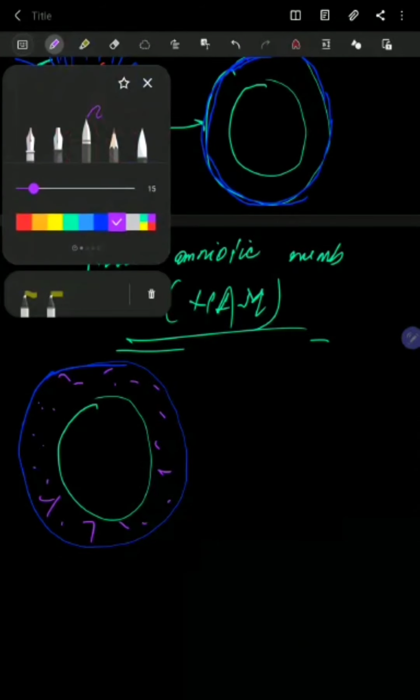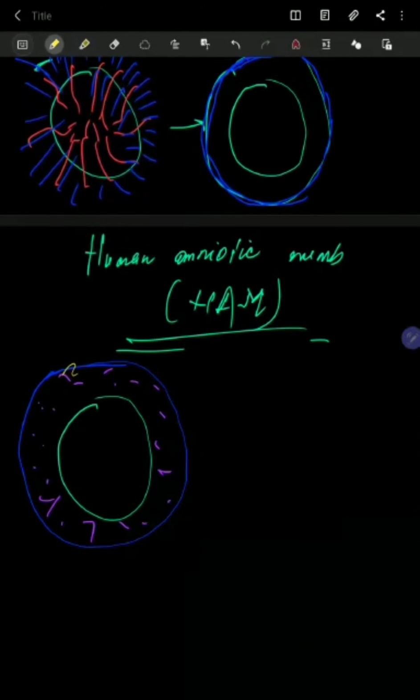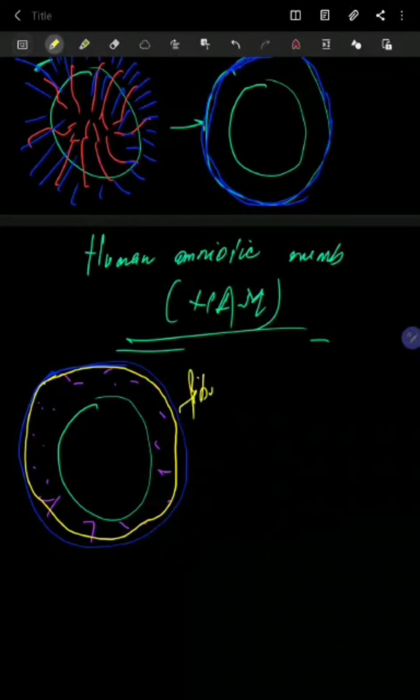Now this is our amniotic membrane. We will place a full amniotic membrane graft over here, with the help of fibrin glue, and these edges are tucked inside.